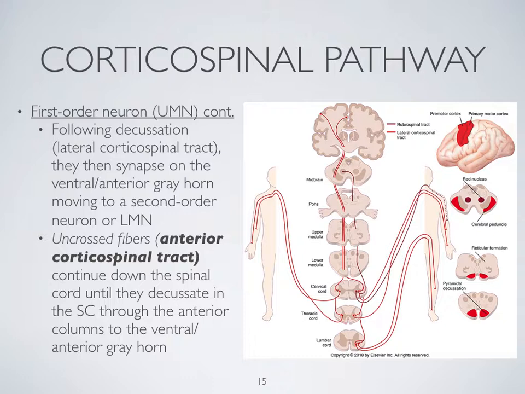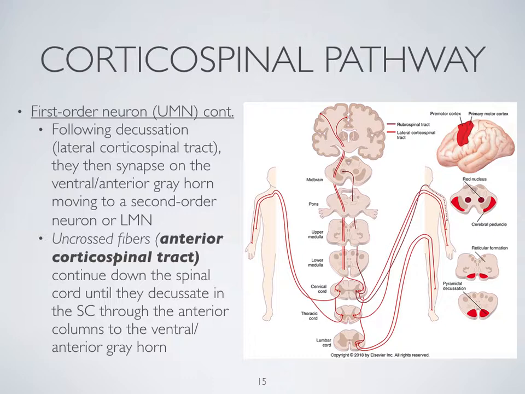Now let's go back to where we haven't had that pyramidal decussation yet. Those uncrossed fibers are going to stay ipsilateral on that tract. That's going to be our anterior or ventral corticospinal tract. They're actually going to keep going down the spinal cord until they get to the area where they're then going to cross.